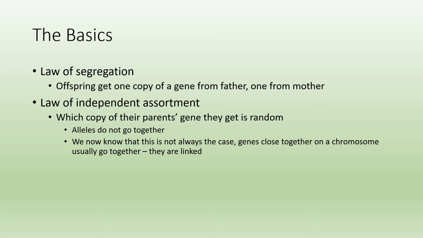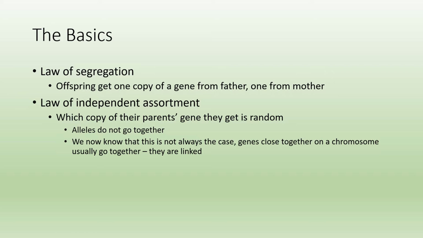The law of independent assortment states that which copy of their parent's gene an offspring gets is random. The alleles from a parent are passed on independent of the other alleles that are inherited.